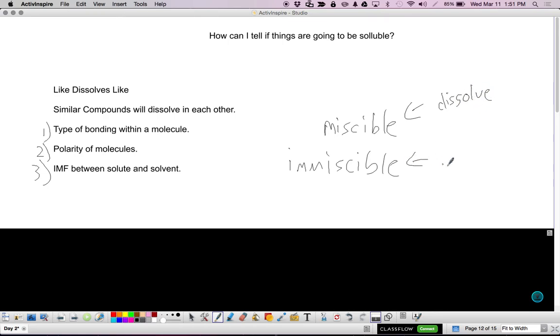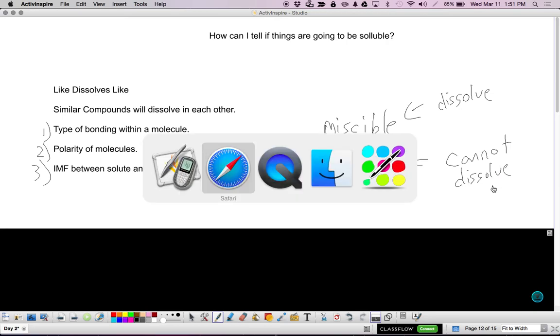Immiscible means that they cannot dissolve. So I'd like you to think about mixtures of 2 liquids that you think would be miscible and things that you would think would not be miscible. Okay, pause it, think about it. I'm going to come back and we'll go over it. All right.